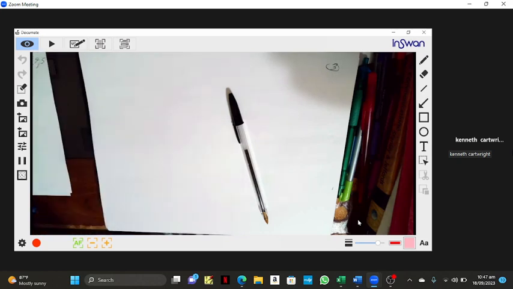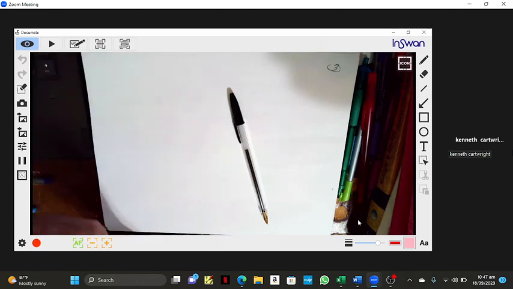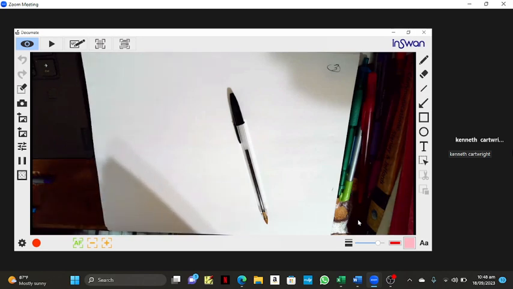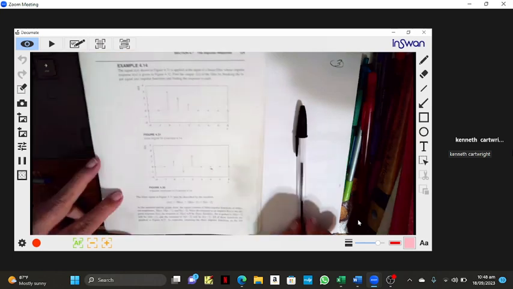Okay. I want to do another example involving impulse response. Page 129.